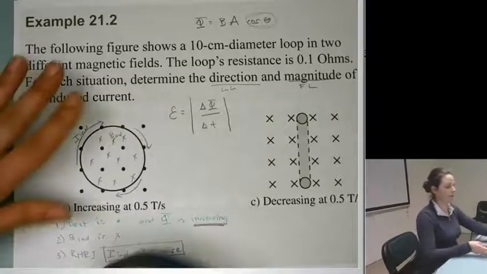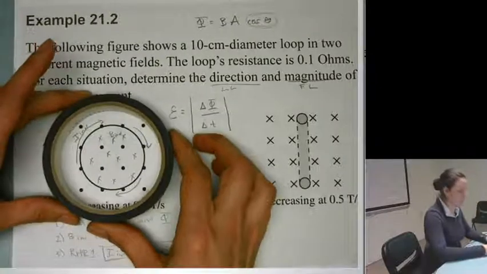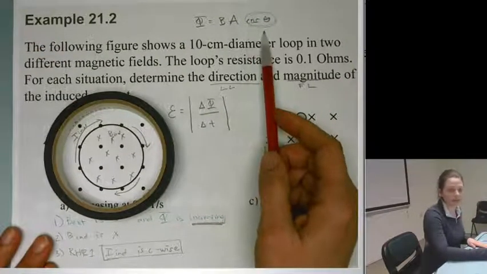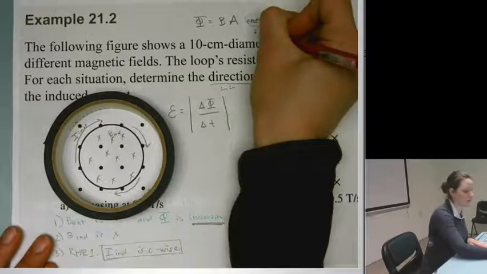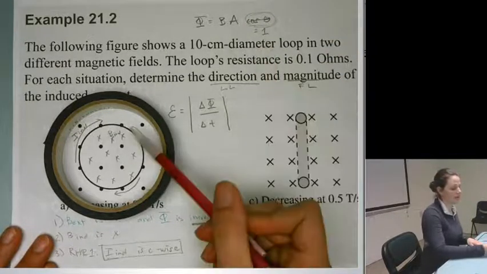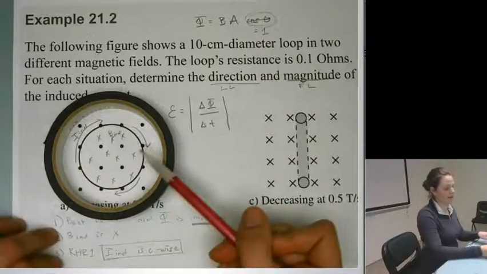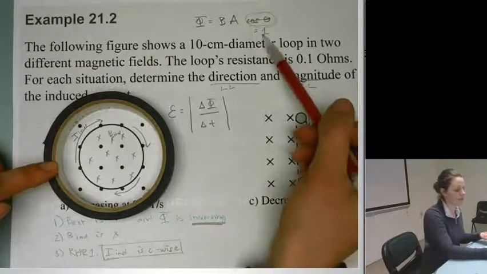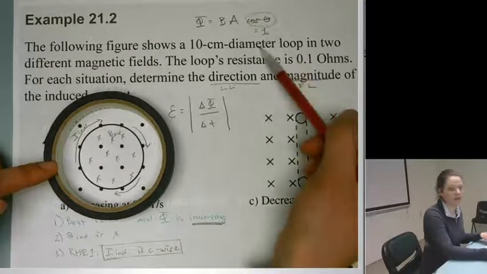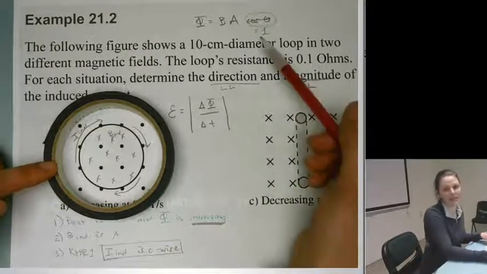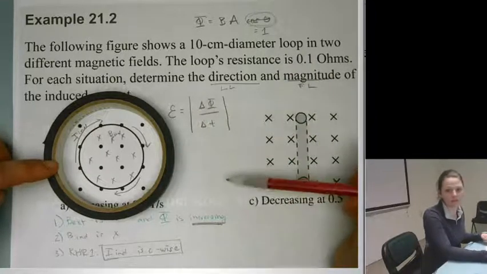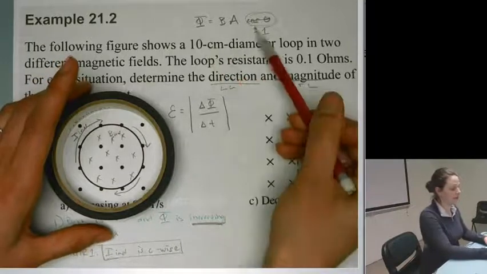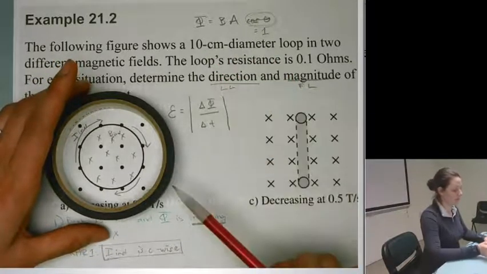So the whole point is that when I have my loop like this, let's not worry about the angle. Let's just know that this equals 1 because this is oriented in the way that maximizes the flux to the loop. Cosine of theta is going to be 1 at most or 0 at smallest. I guess it could be -1 as well, but we're going to be taking the absolute value anyway, so that negative will go away. So all we are interested in is how the flux is changing.